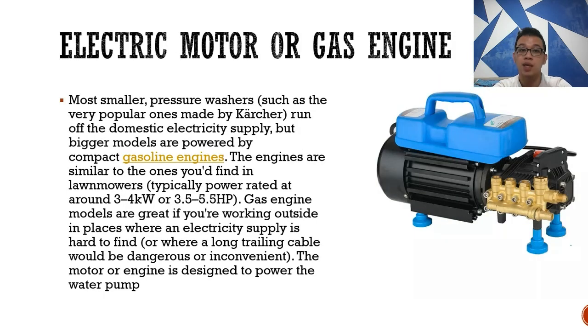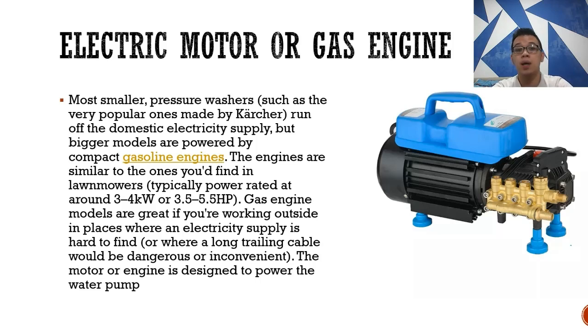The next part is the electric motor or gas engine. Most smaller pressure washers, such as the very popular ones made by Kärcher, run off the domestic electricity supply, but the bigger models are powered by compact gasoline engines. The engines are similar to the one you would find in a lawnmower.